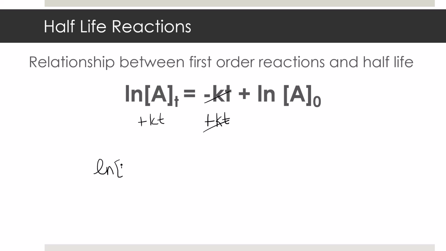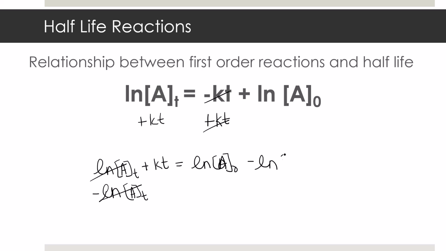So we've got natural log of the concentration of A plus kt equals natural log of the concentration of A at time 0. Now I'm going to move this natural log over to the other side, so I get my natural logs on the same side. I'm going to subtract the natural log of A at time t. Whatever I do to this side, I also have to do to this side.